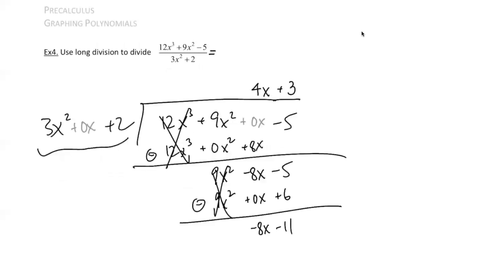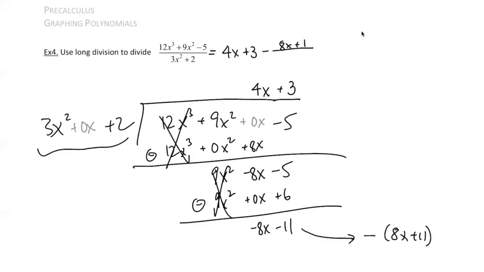So what's going to be the quotient? The quotient will be 4x plus 3. And then now I'm going to rewrite this remainder as negative of 8x plus 11, all over 3x squared plus 2. Why? Because it looks nicer like this.